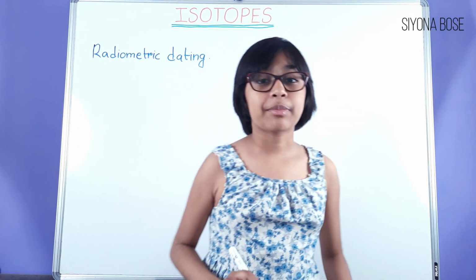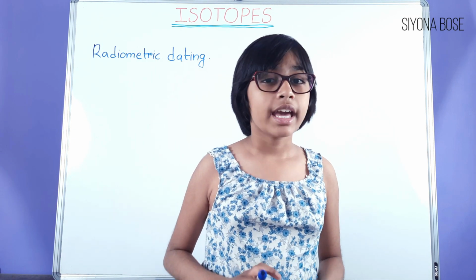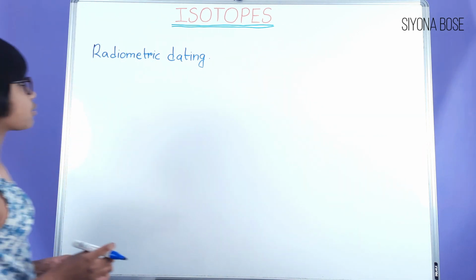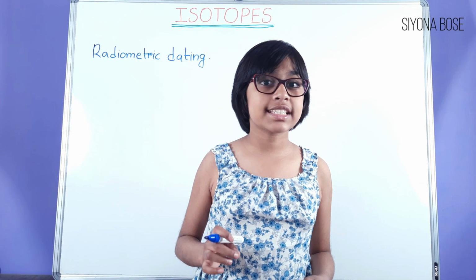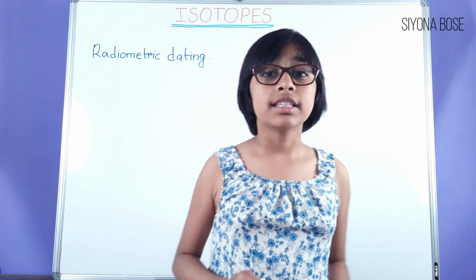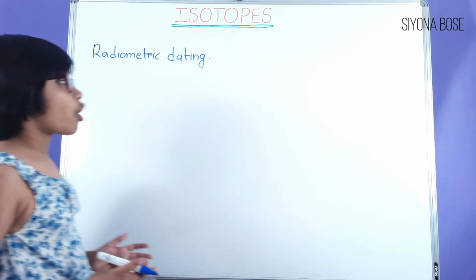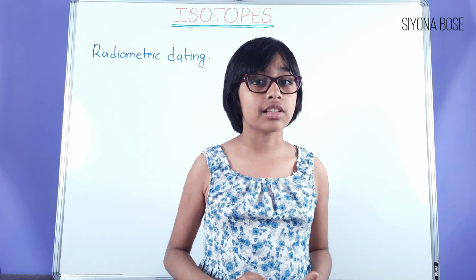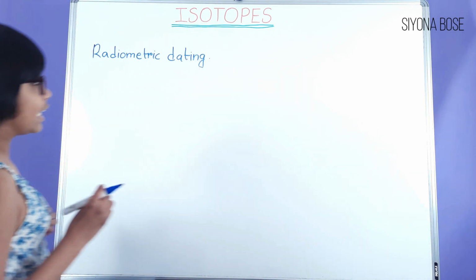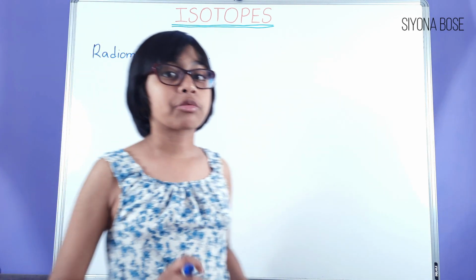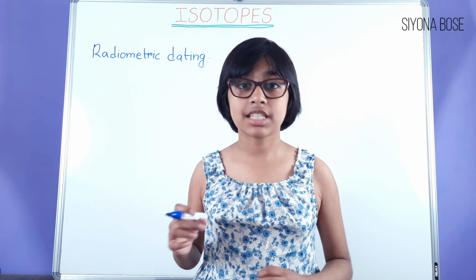Before we move on to radiometric dating, we must understand the fossil-related stuff. Scientists are very eager to know the timeline of these old organisms that are now fossilized. Radiometric dating helps tell us that timeline.